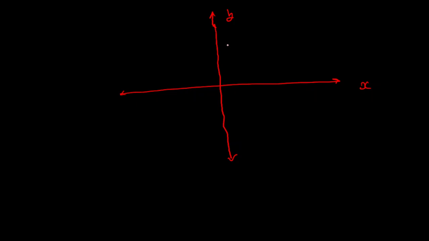So let me draw a circle here. Let's say this is the xy plane, and then draw a circle in this xy plane with its center at the origin of the coordinate system.